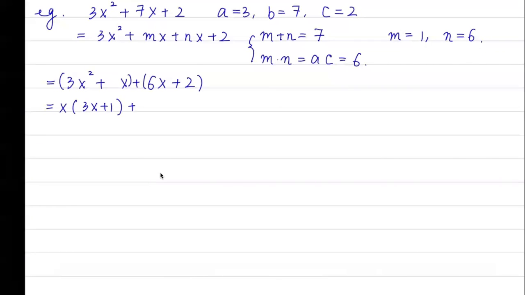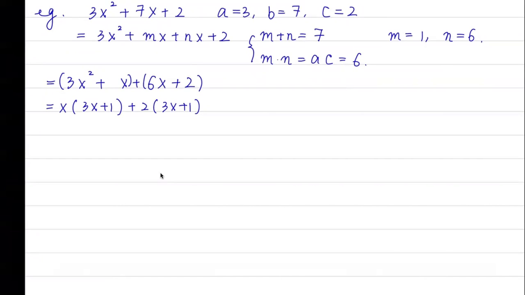Plus, for the second bracket, what's the common factor? The common factor of 6x plus 2 is 2. So we can factor 2 out, and 3x plus 1 will be left in the second bracket, right?